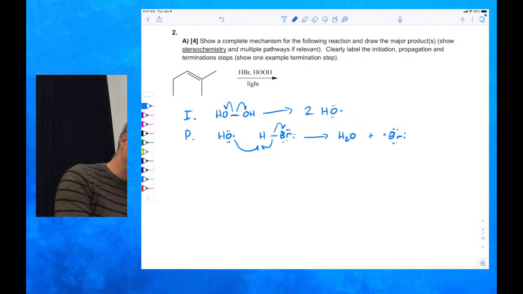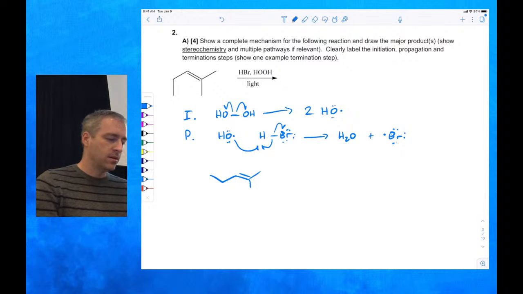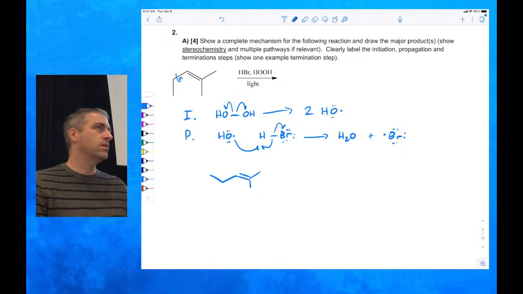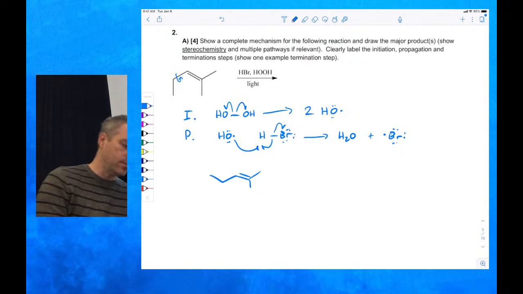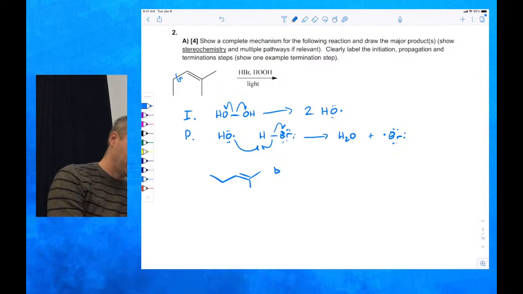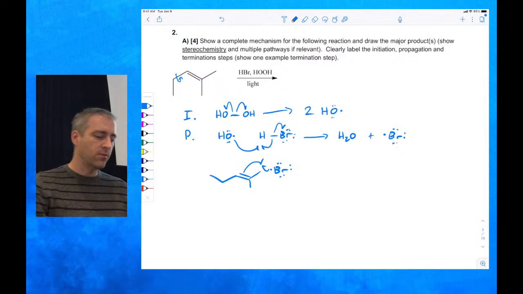Second one is if you take your alkene, I'm going to straighten that bond out. It's just an sp2. You can flip that around, only because I don't want it to get too long. And we take our bromine radical. And what we're going to do is add it to the bond.